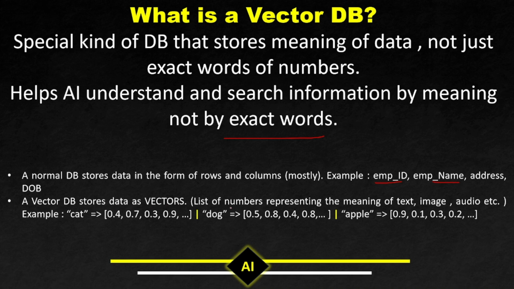A vector is nothing but a list of numbers that represent the meaning of text, image, or audio, etc. For example, cat is represented by, let's say, this vector 0.4, 0.7, 0.3, 0.9, and so on. Dog is represented with these vectors, and apple is represented with these vectors.